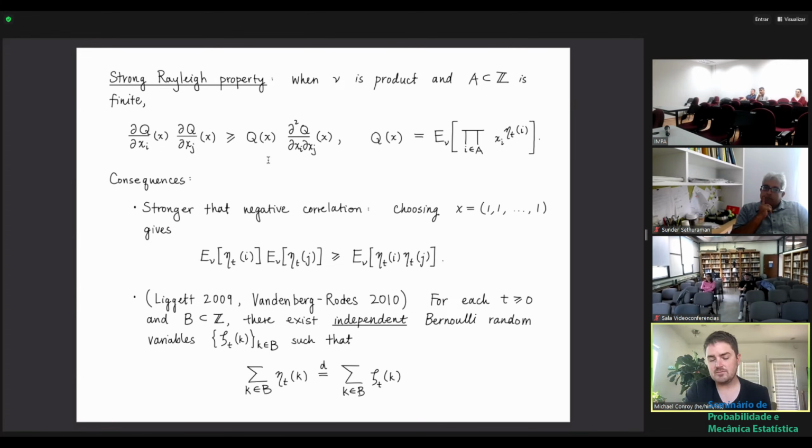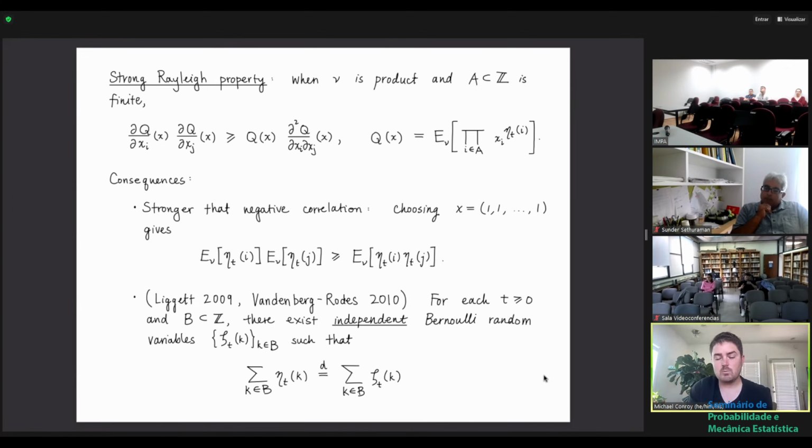And importantly for Poisson convergence, this property implies that for any sum of these Bernoullis with this property, there exist independent Bernoulli random variables such that the sum has the same distribution as the sum of the independent Bernoulli random variables. So this result doesn't say anything about the marginal distributions or the joint distributions of these independent Bernoullis, just that as a sum, it has the same distribution.